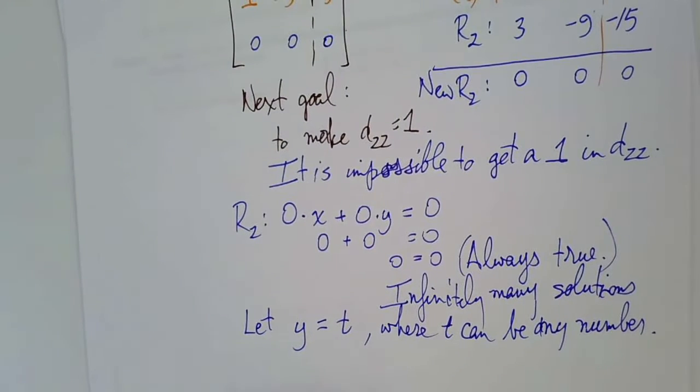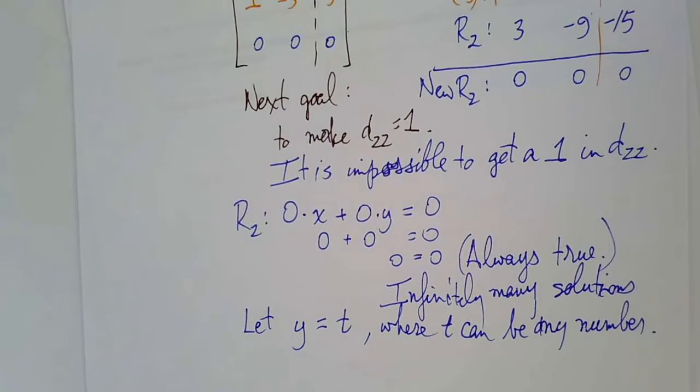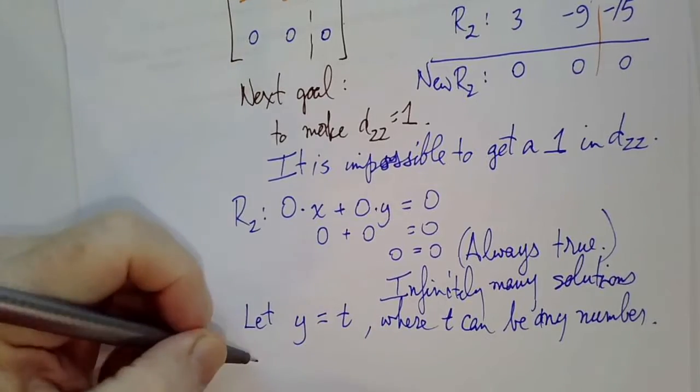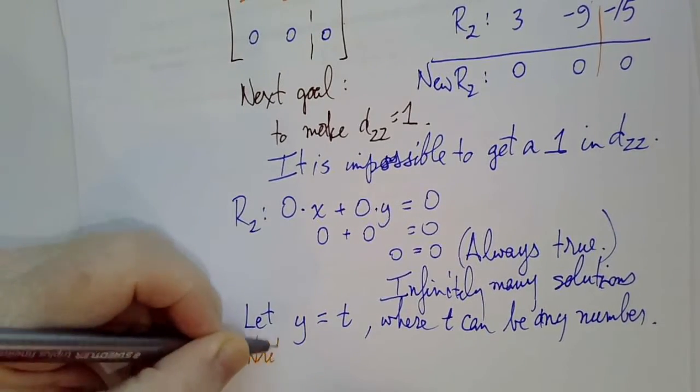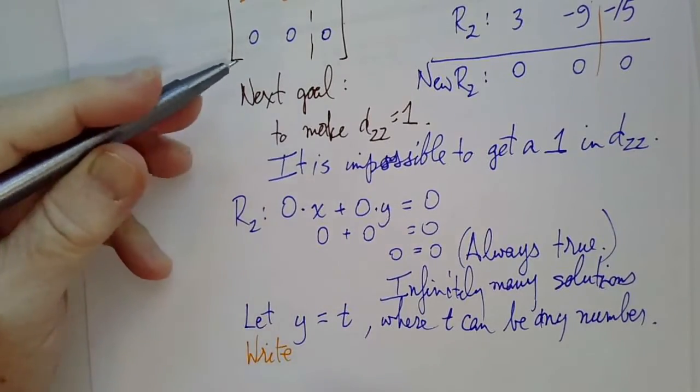T can be 5 or 3 or negative 11, it doesn't matter. T can be anything. And then we're going to write the equation from the first row.